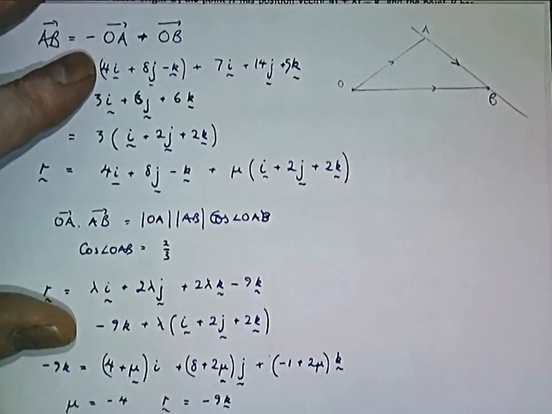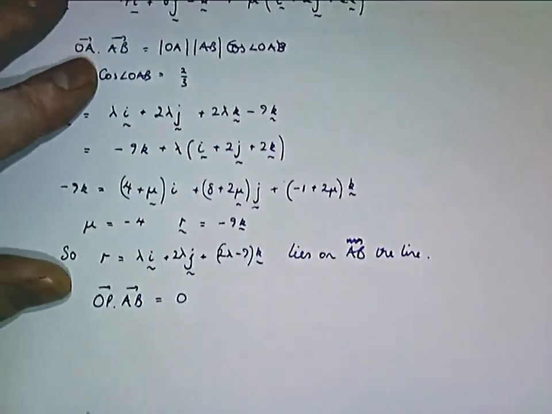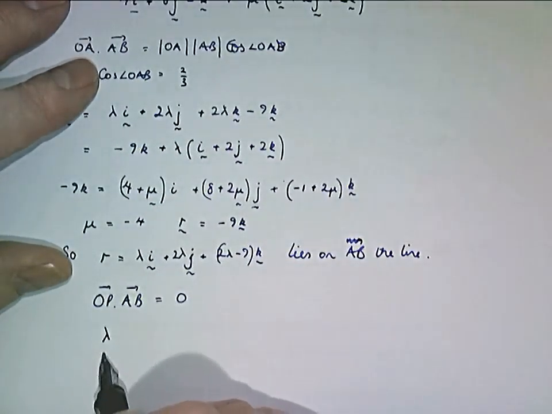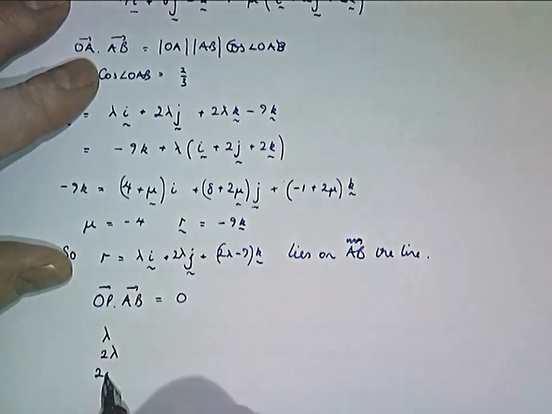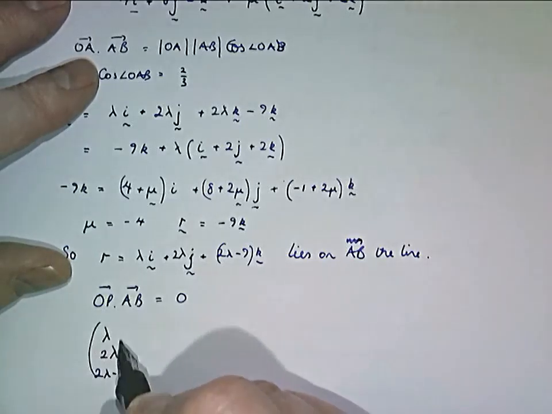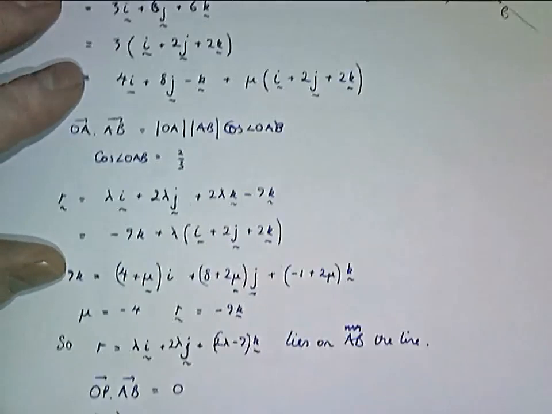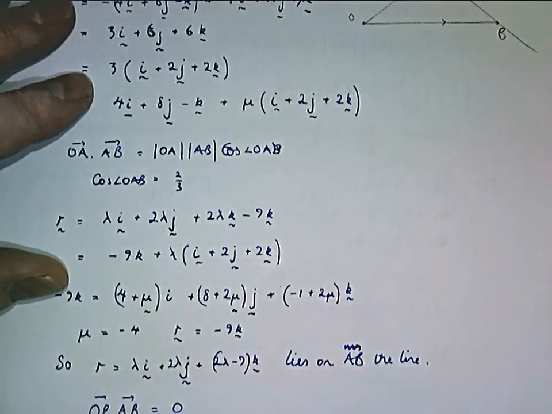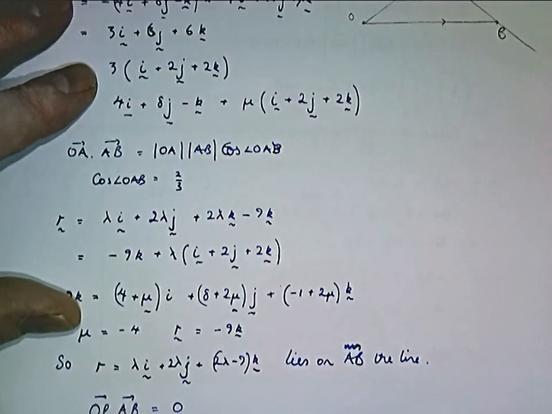You're going to be dotting lambda, 2 lambda, 2 lambda minus 9 with AB, which is 3, 6, 6, and that's got to come to 0.